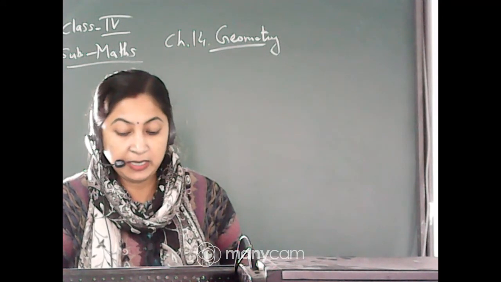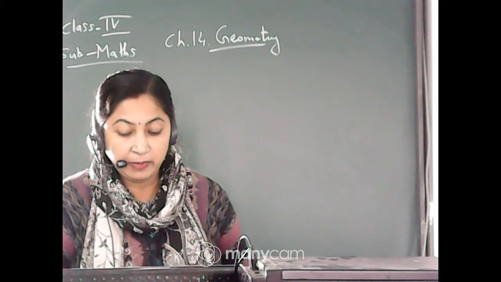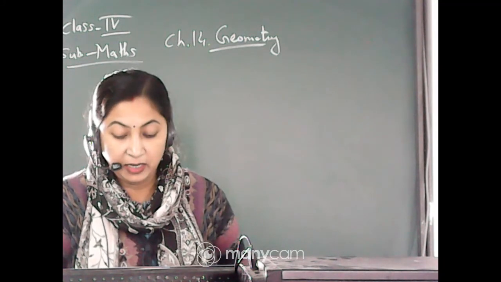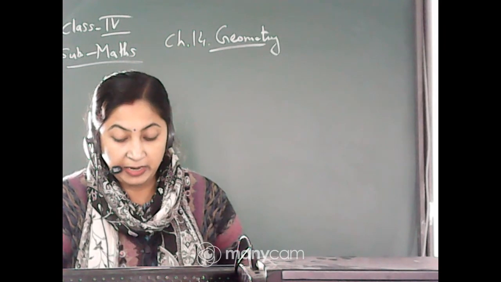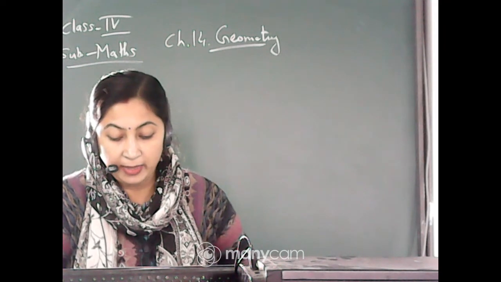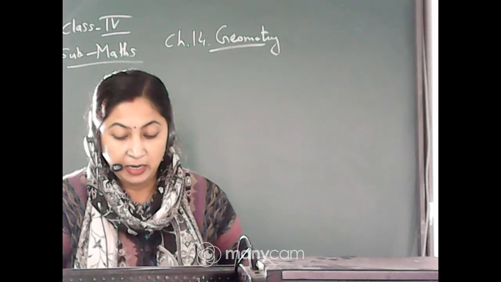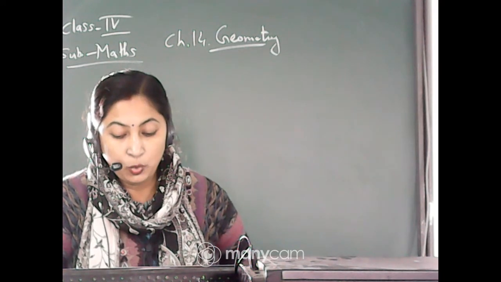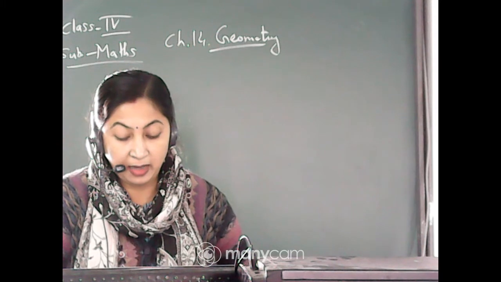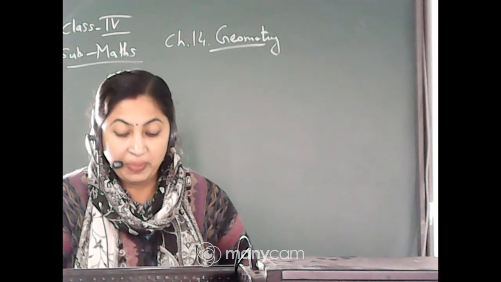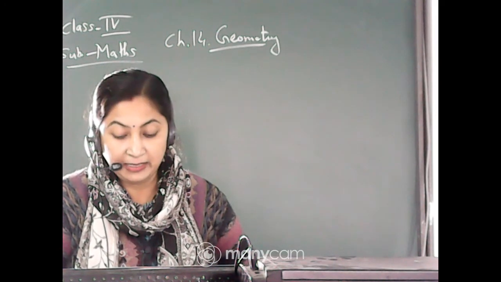For number C, the total number of line segments are 10 and the names of the line segments will be, you can write from XY, then WX, WV, VU, UT, TS, SR, RQ, QP, PY. These are the 10 line segments. Okay.